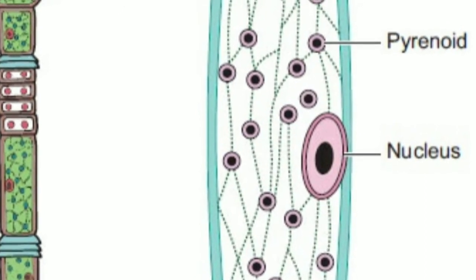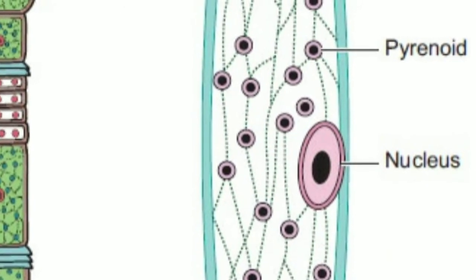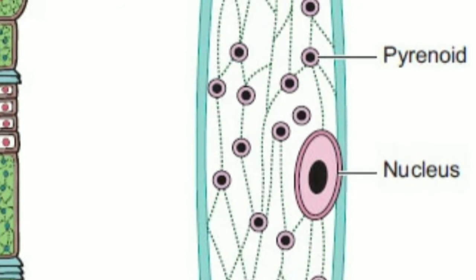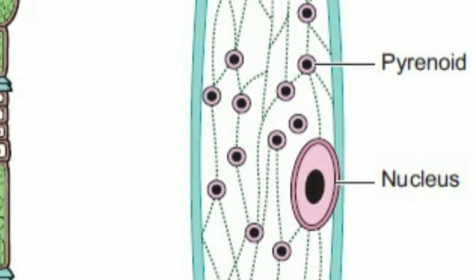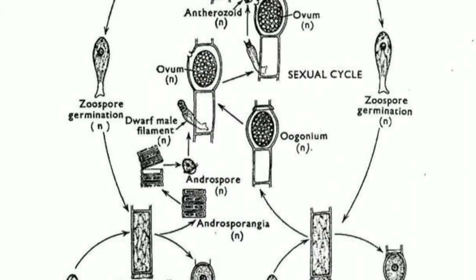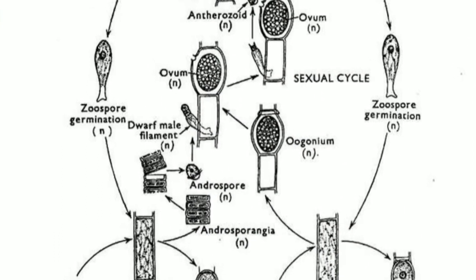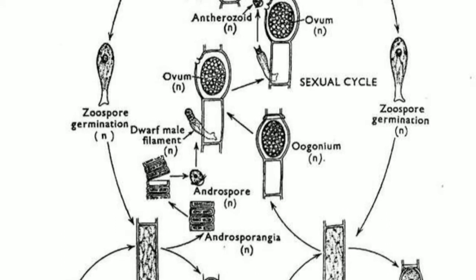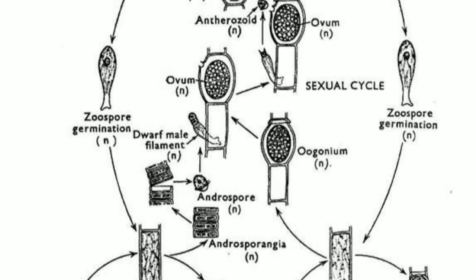This supporting cell may again function like an oogonial mother cell and form another oogonium and supporting cell. In such cases, two or more oogonia are found in a row.